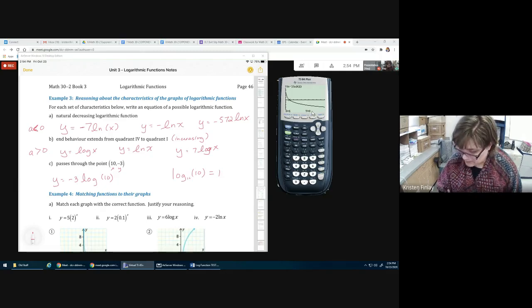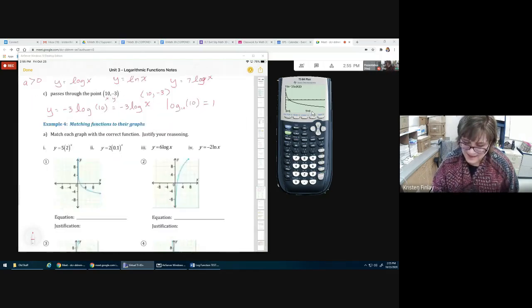So I can write in my little base there, because basically it has to be a log that is going to be equal to 1. We times it by negative 3. That will give us negative 3. So if we put negative 3 log of x, then that means when I put in a 10 for x, I will get a negative 3 for my y. Okay, a little bit more thinking there.